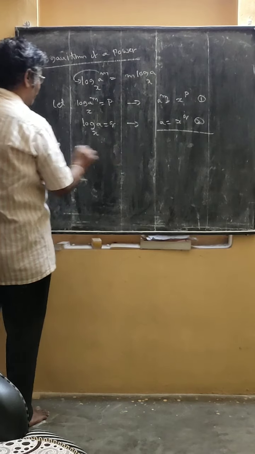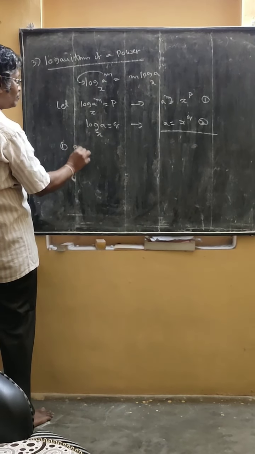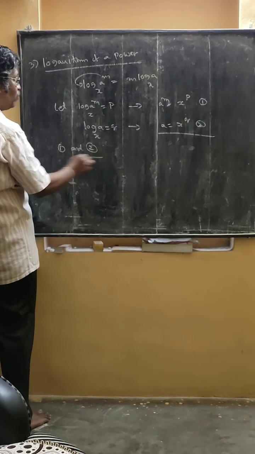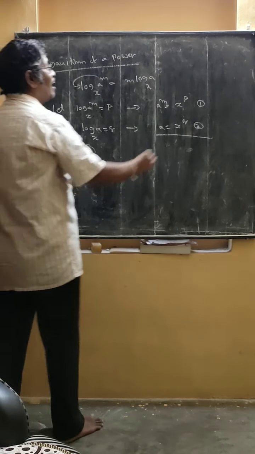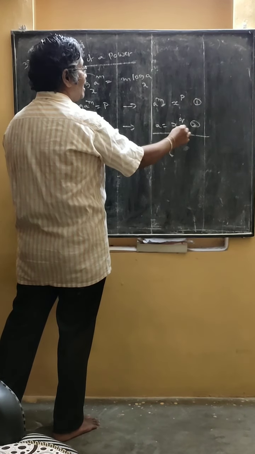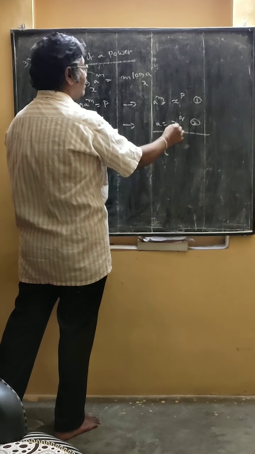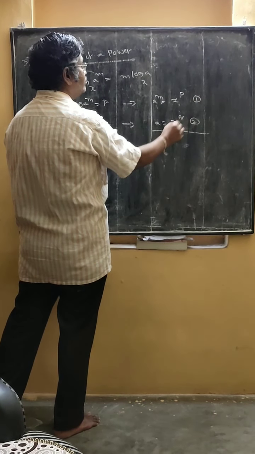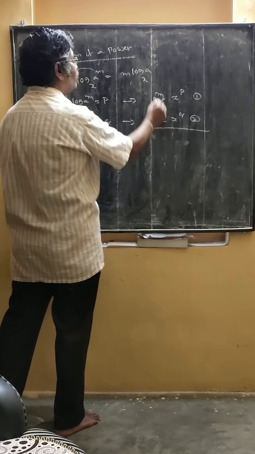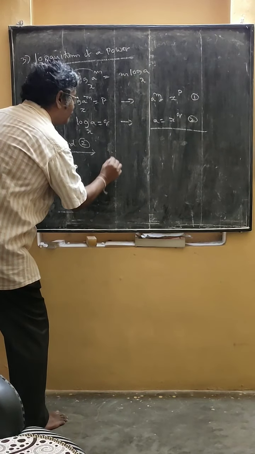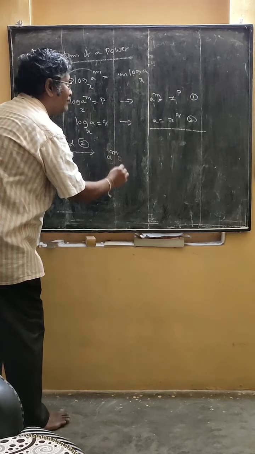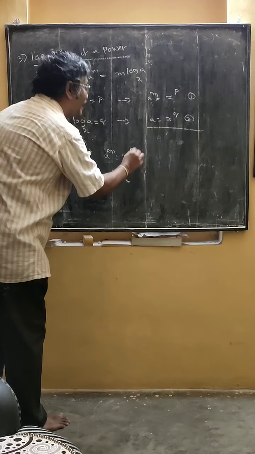From 1 and 2, what can you say? The value of a is x power q. So here we substitute in a power m is equal to x power p.